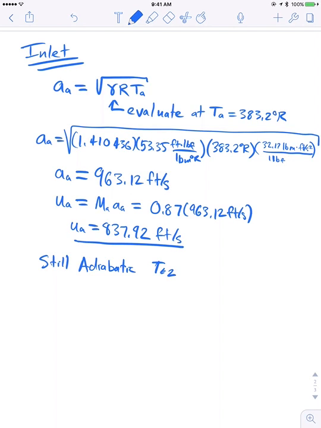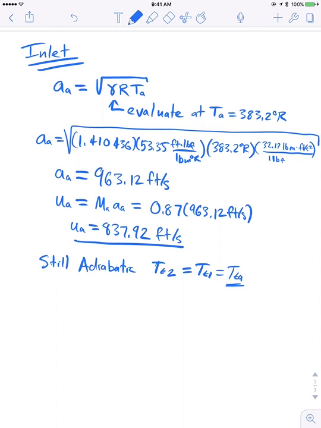So TT2 at the exit of the diffuser, at the inlet to the compressor, is going to be the same as TT1 at the front of the inlet, which is also going to match TTA, our ambient total temperature. In this problem, we'll use air properties evaluated at the inlet conditions, TTA, which of course match TT2.